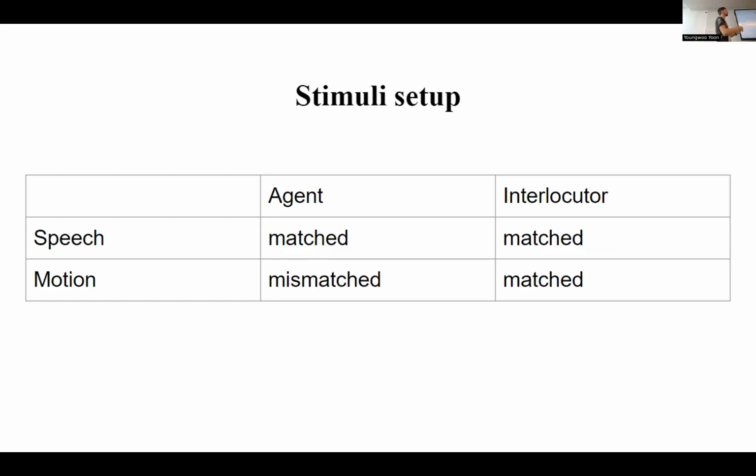And then when we play the video to the participants, then everything is matched, but the gestures themselves would be mismatched only. So the conversation would be sort of the same on both sides, and the interlocutor behavior would be correct on both sides, but now the gestures that the agent made, one would be made for that conversation, and the other would have gesture made for another conversation.